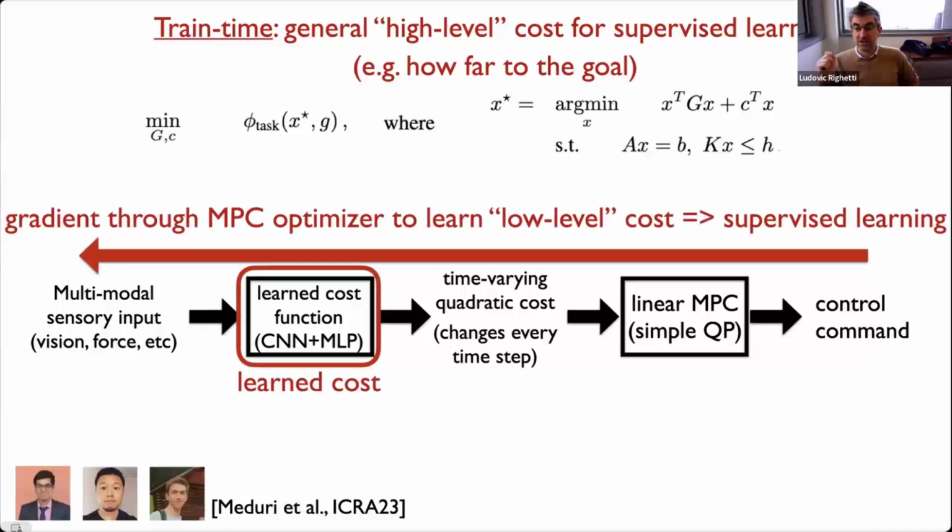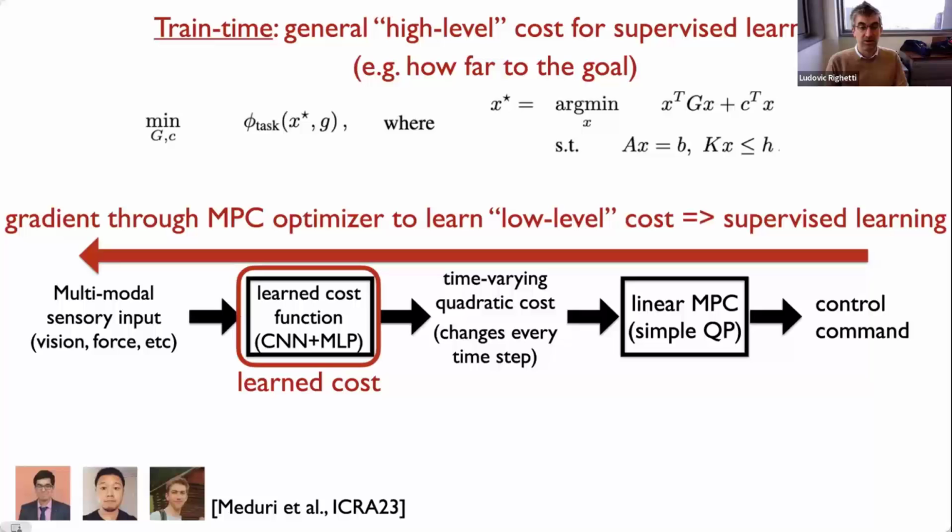Once I have that, since I know how far I was, I have a supervising signal, right? So then I can take a derivative of that. So I can take the derivatives through my MPC all the way back to the neural net, to do gradient descent on the neural net. And then if I do that iteratively, I will learn a cost function that will actually get my robot, my system, to follow my object. So it will find a cost such that the output of the MPC is taking me to the object that I care about, right?